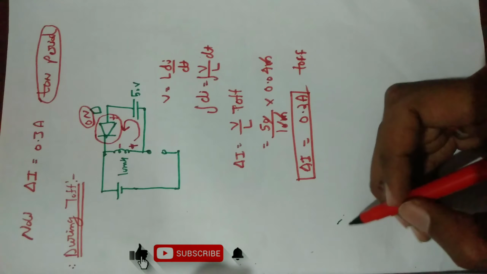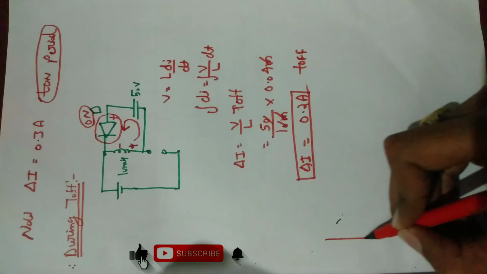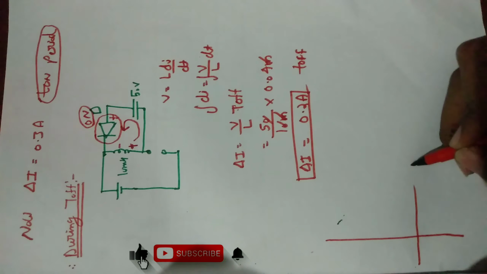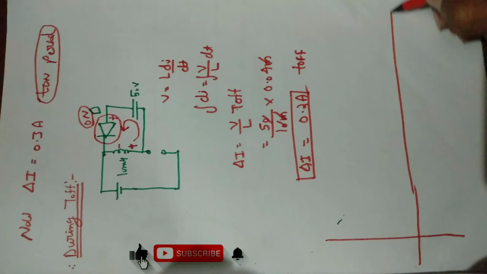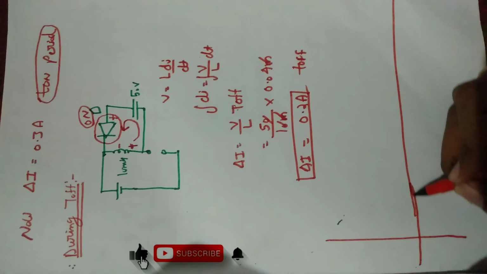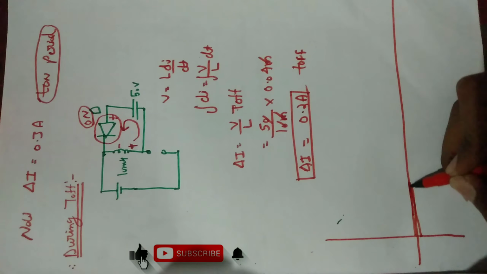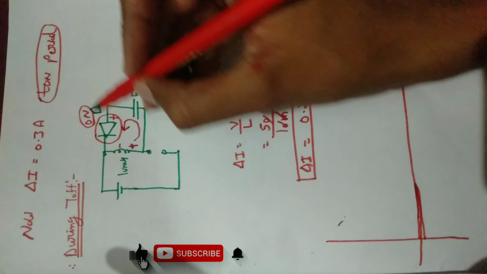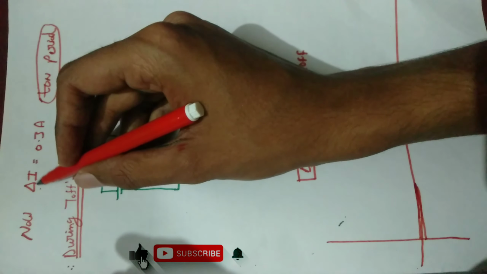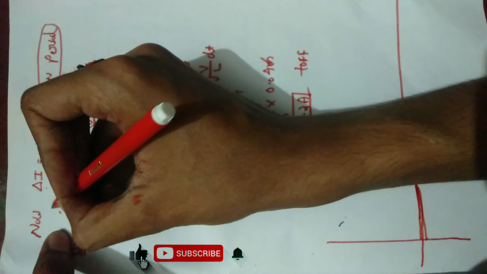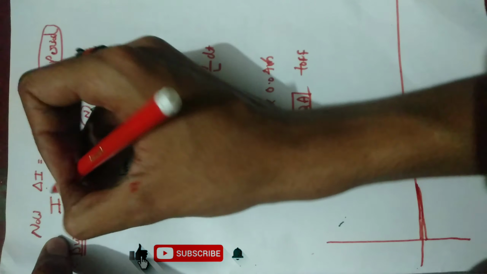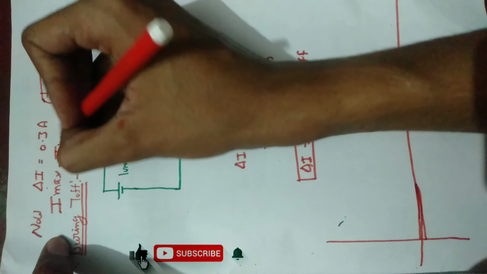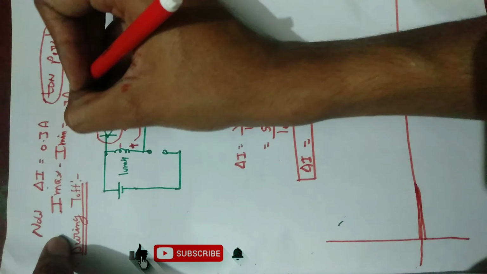Now if we plot the graph, we find that this is the peak to peak current, meaning I max minus I min equal to 0.3 ampere.